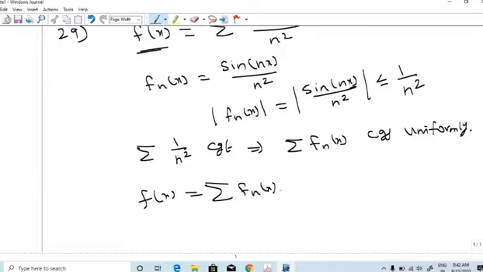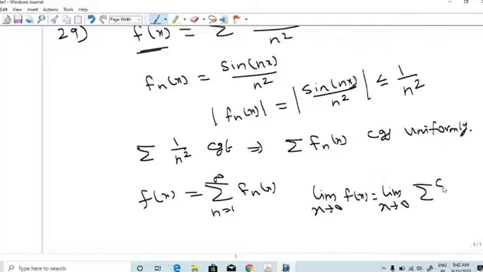But actually, this series converges to f of x. What is the meaning of the summation value being f of x? The partial sums converge to f of x. Now, what is the value of limit x goes to 0 of f of x? It is the limit x goes to 0 of summation sin nx by n square. Since this is uniformly convergent, we can interchange this limit and this summation.